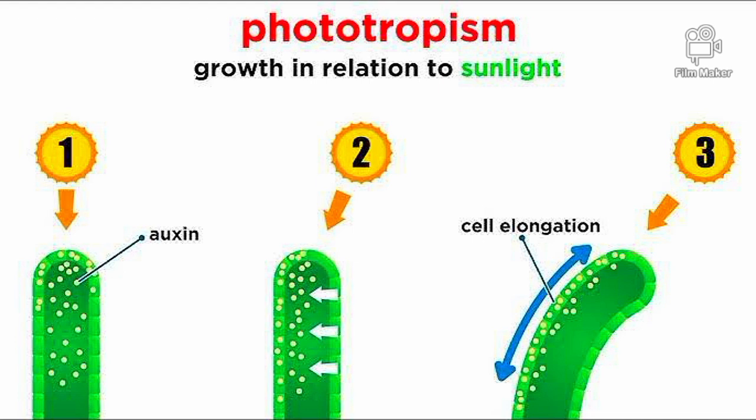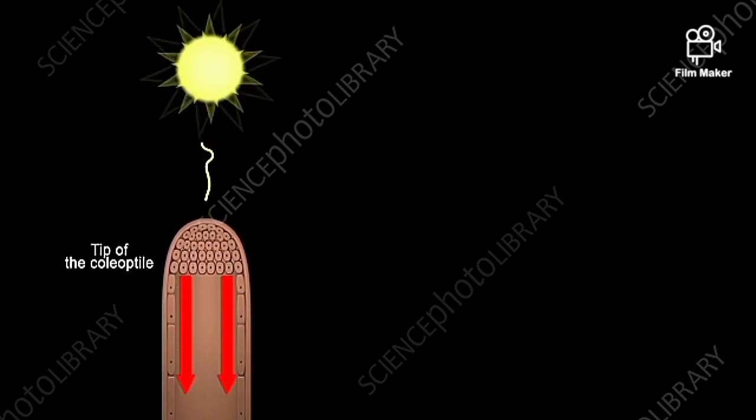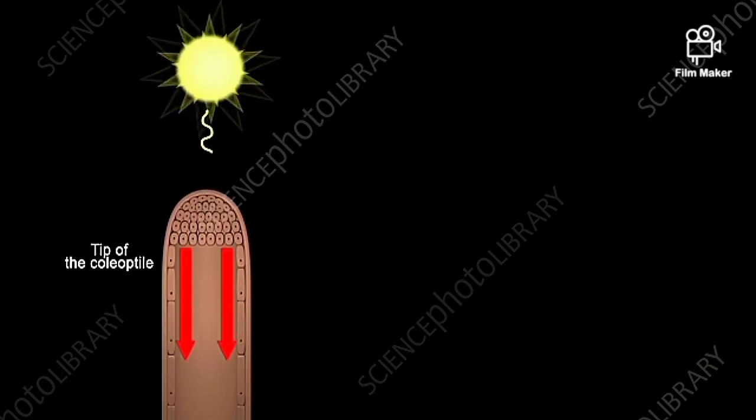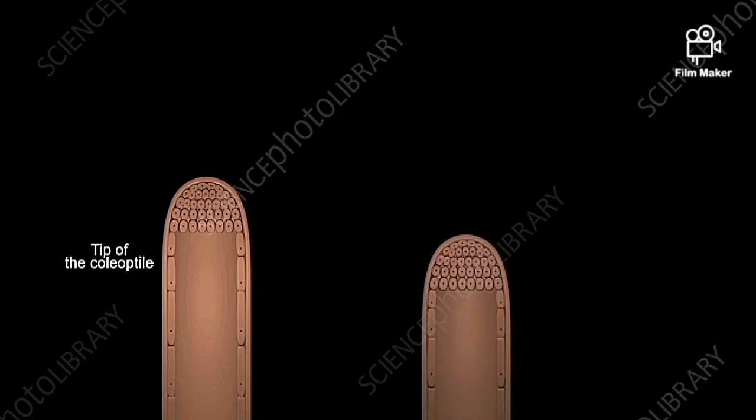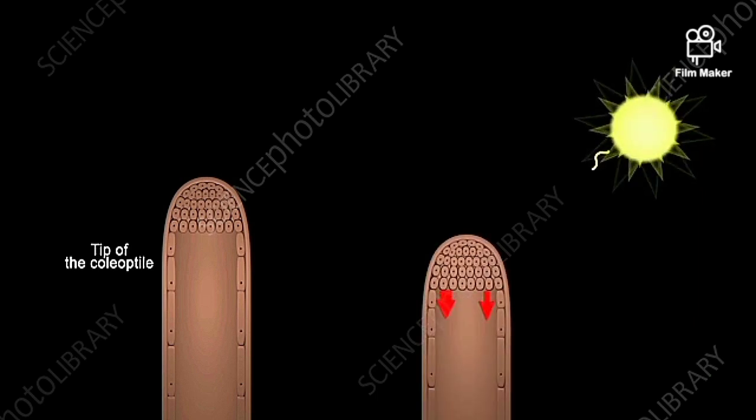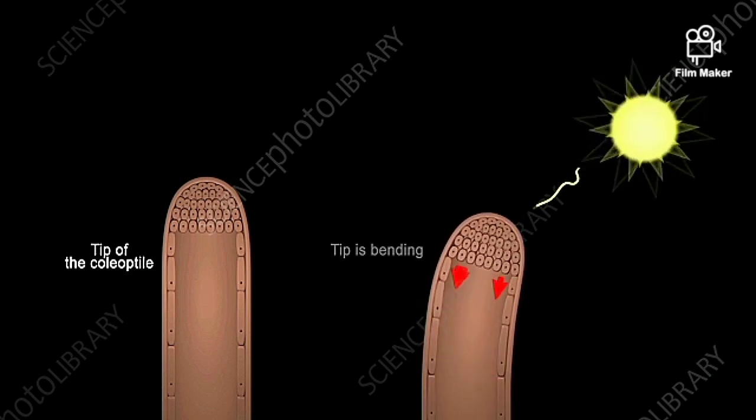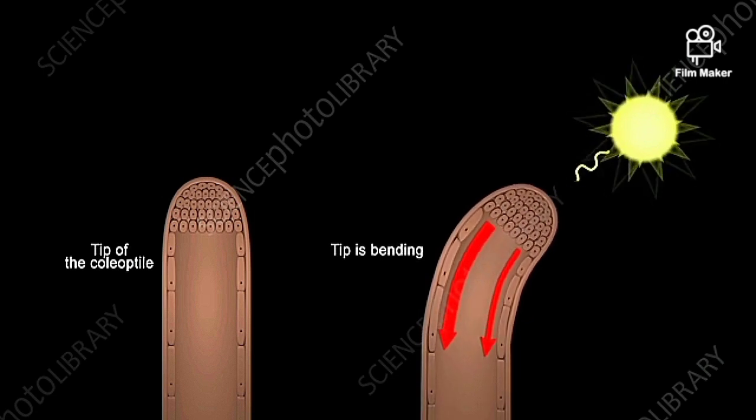This promotes cell elongation in the shaded side more than the light exposed area, since the concentration of auxin is higher in the shaded part. As a result of this differential cell elongation, the shaded side grows faster than the light exposed side. This uneven growth causes the plant to bend towards the source of light.